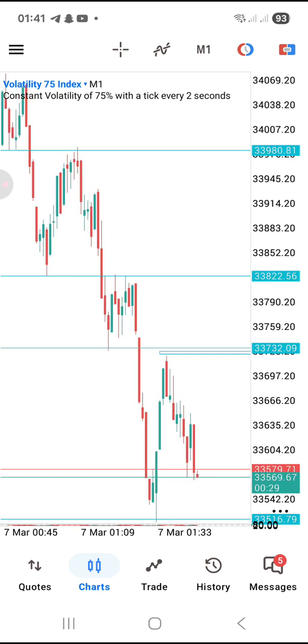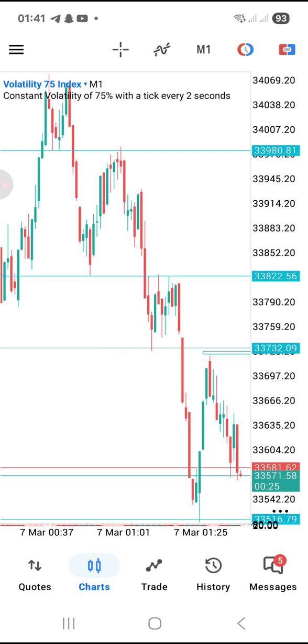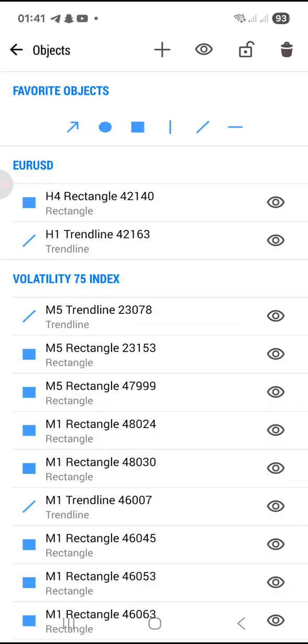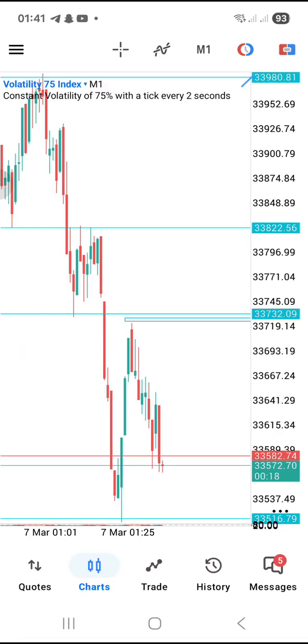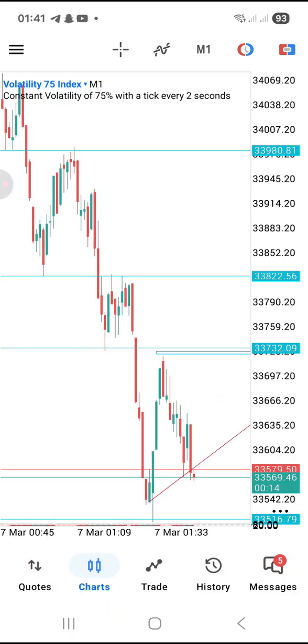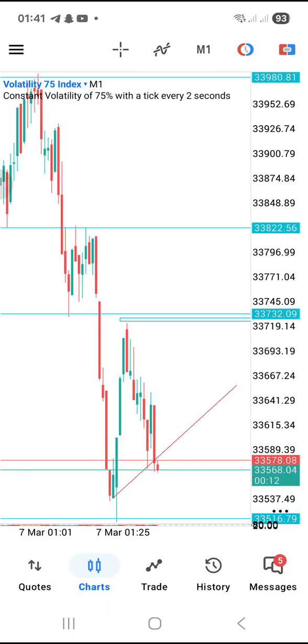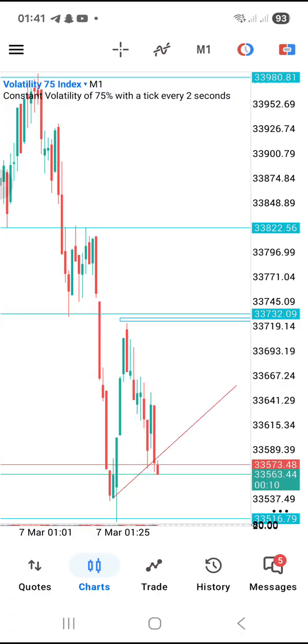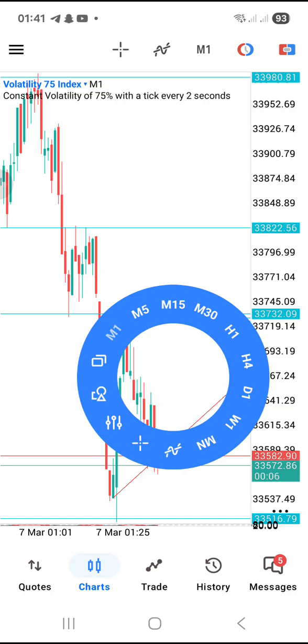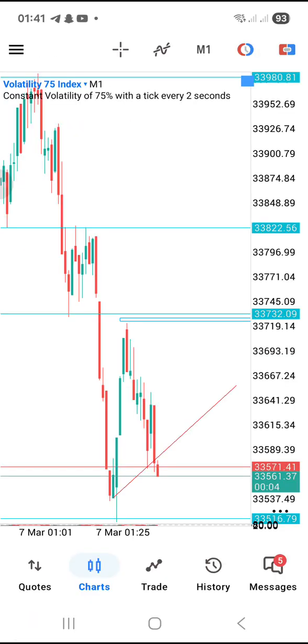We wait. If we see this green, this low here is broken. You need to see it broken, like a change of character.